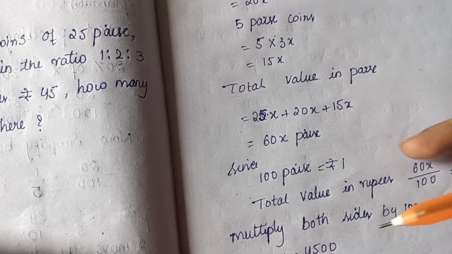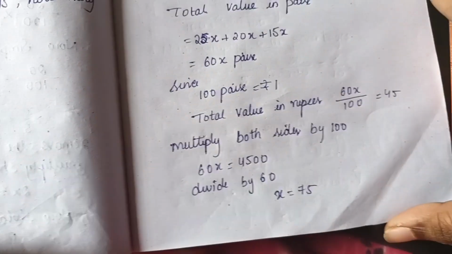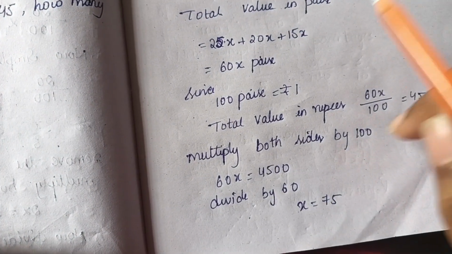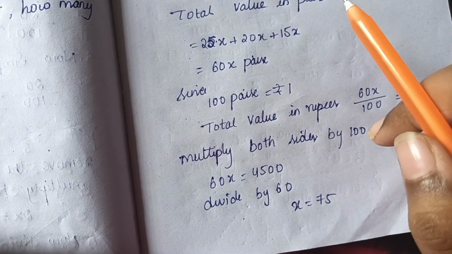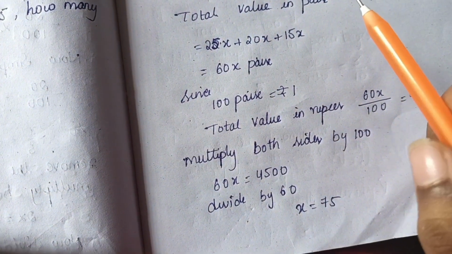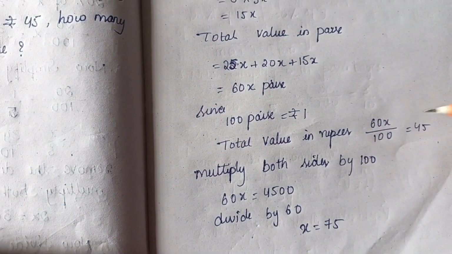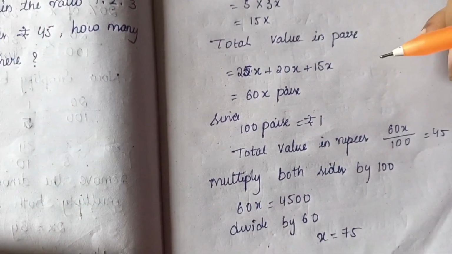The next step is to convert the paisa into rupees. Since 100 paisa equal to 1 rupee, is it correct? Total value in rupees: 60x by 100 equal to 45. Multiply both sides by 100.